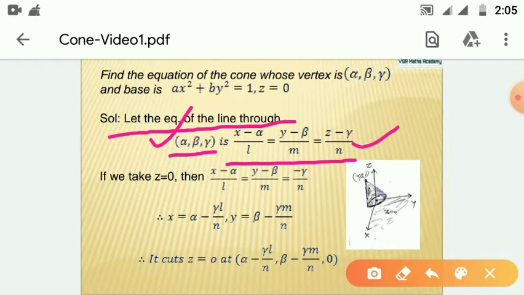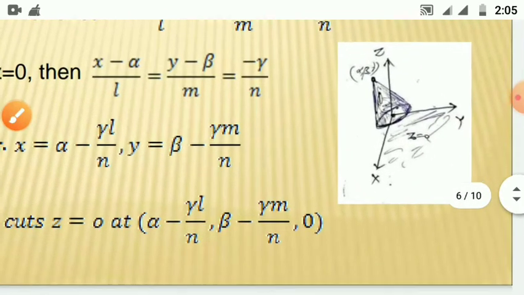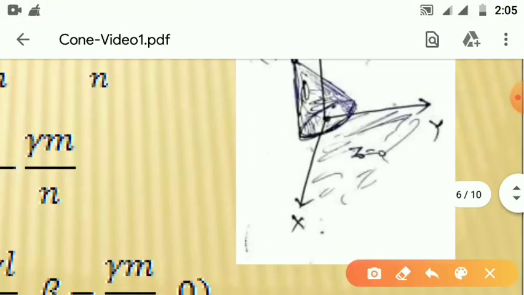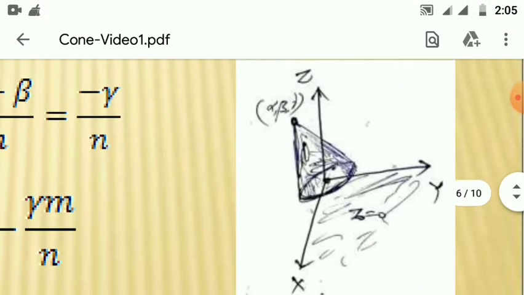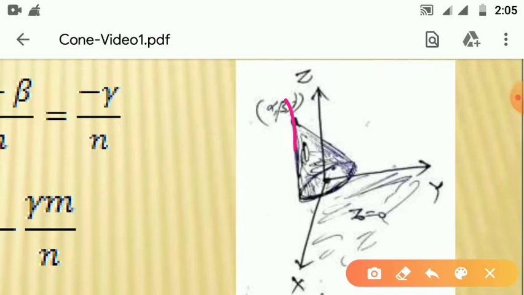Suppose this is the line we have taken, which is passing through the vertex alpha, beta, gamma. We have to find the coordinates of the intersecting point of this line with the base curve.